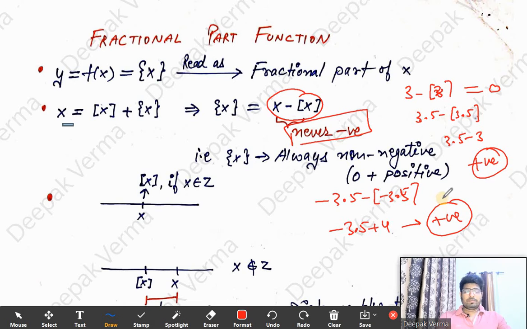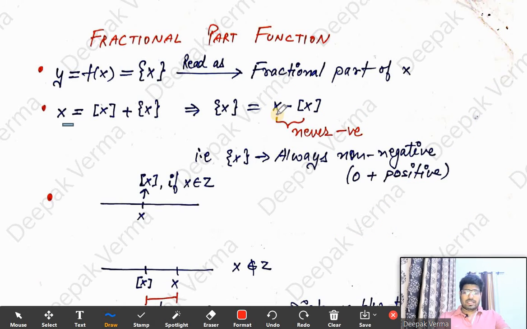So you can see whether x is a negative real number, a positive real number, or an integer, we always get a non-negative outcome, that is, 0 or positive. Is it clear? That's why we say this part is never negative. So fractional part is always non-negative, 0 plus positive.